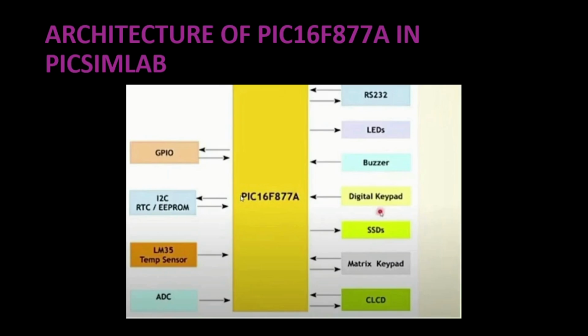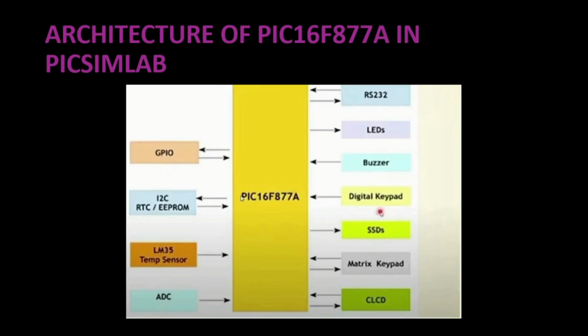And I2C. I2C is for inter-integrated circuit, and LM35 is a temperature sensor which gives input to the PIC16, as it takes the temperature as an input, that is, it senses the temperature. And ADC is for A to D converter, RS232, and LEDs are used as output.